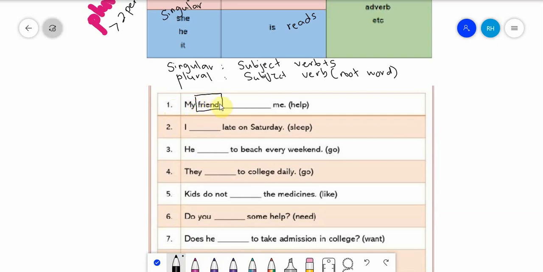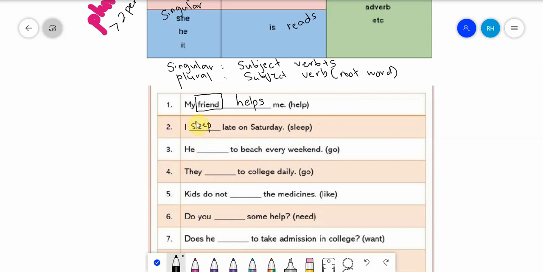There is only one friend, so it is a singular subject, and the verb must add s. Help will become helps. I, even though it is only one person, behaves like plural. So the verb does not add s. Thus, the answer is sleep.